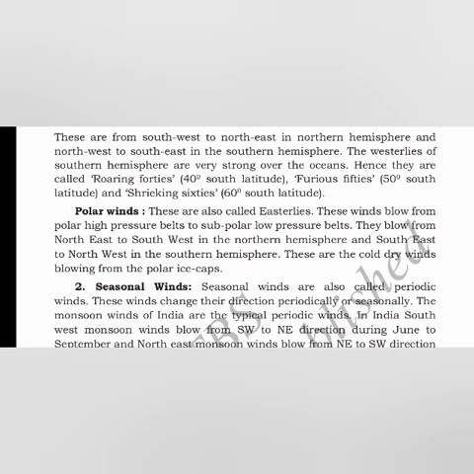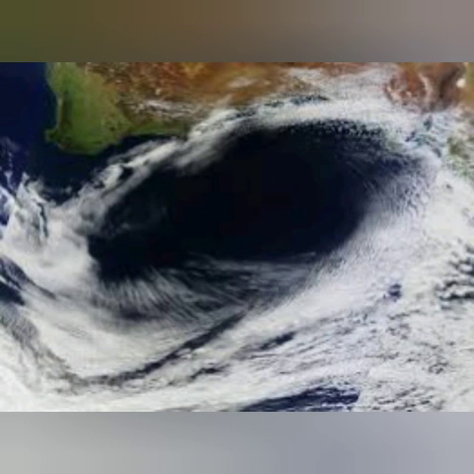So next one is the fourth one. Look at the following picture, children. This is one picture of an anticyclone and another one is a cyclone. There are two types of cyclone.